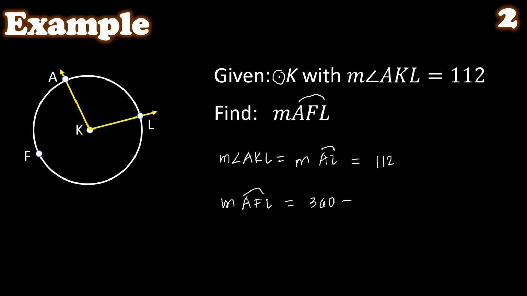That is 360 minus the measure of arc AL. Substituting the measure of arc AL equals 112, we have 360 minus 112, and that is, the measure of arc AFL is equal to 248.